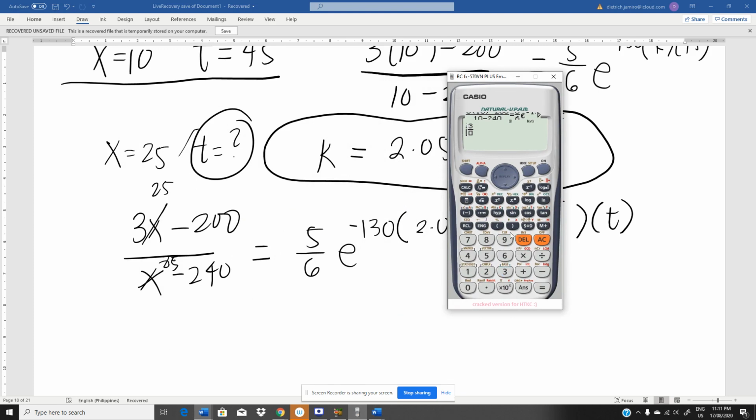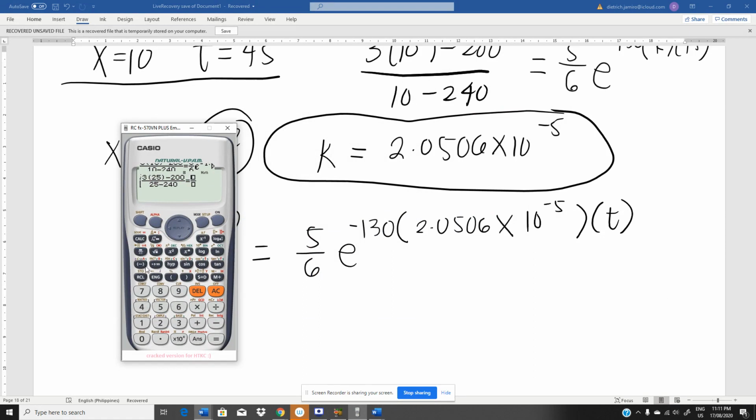So we're going to have 3 multiplied by 25 minus 200 all over 25 minus 240 equal to 5 over 6, and then exponential of negative 130 multiplied by 2.0506 times 10 raised to negative 5 and our unknown, which is t.